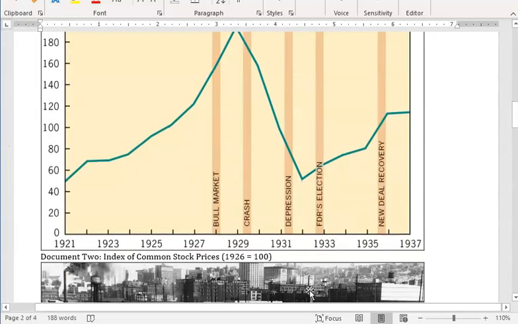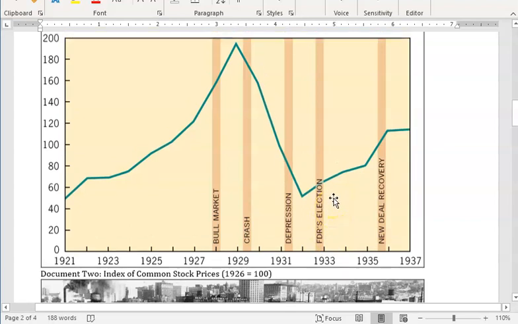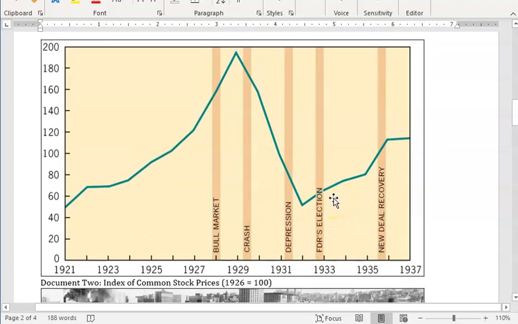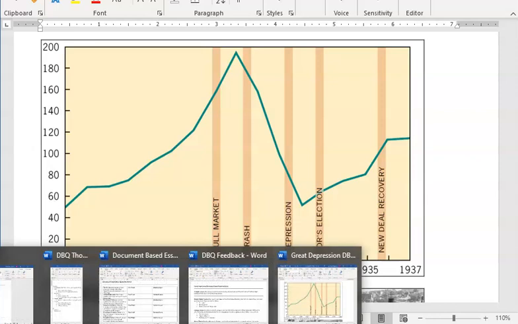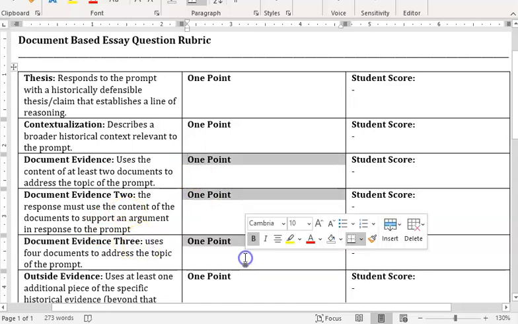As we can see in document 2, we have the list of stock prices before and during the Great Depression. Prices were going up leading up to the Depression, then they went down, and after FDR was elected, they started to go back up. Boom. You do that and you're going to get that point. So that's kind of what they're talking about here with this document evidence. Simple explanation of 2 documents, use 4 documents, and that's going to get you 3 points right there.